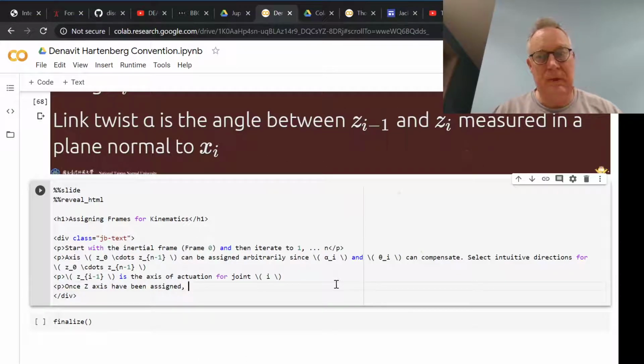We can then set up the world frame, inertial frame, the world coordinate system. Frame 0, that all means the same thing.